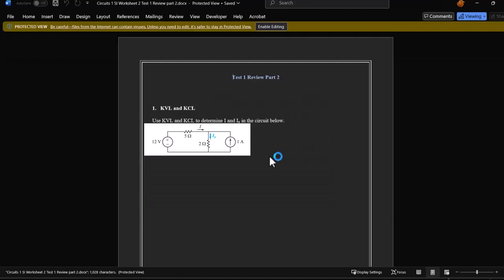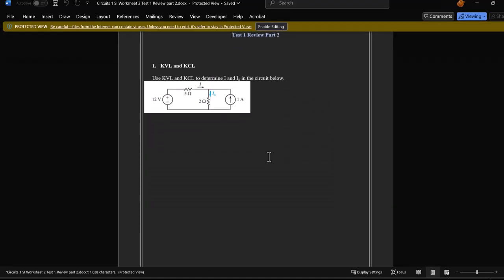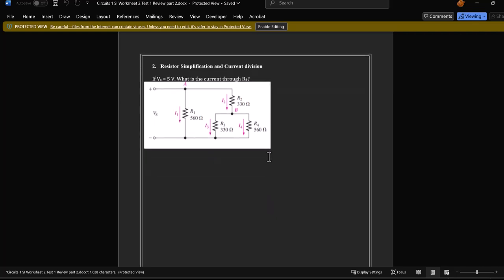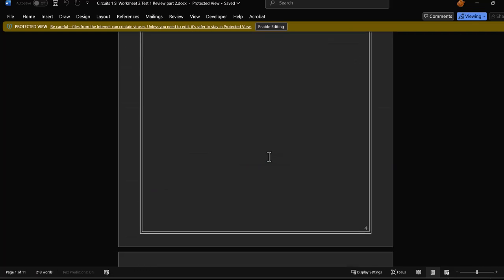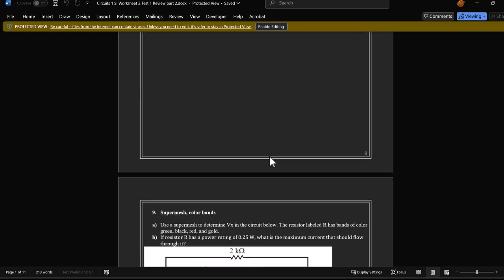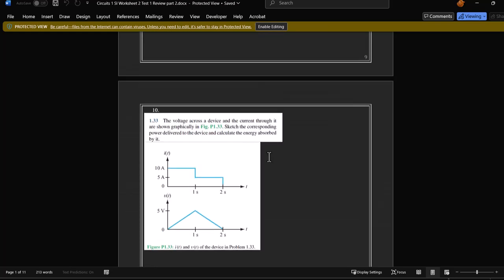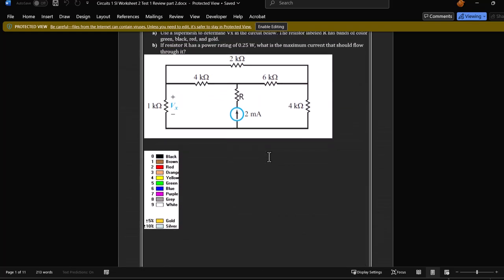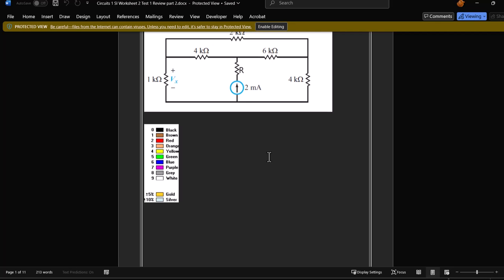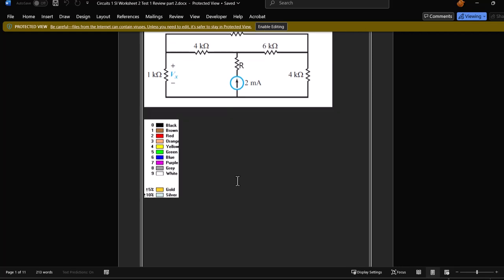And we did some of these yesterday, so you already have a solution to those. If I recall from previous years, y'all do not need to know how to read resistor color bands. You'll eventually need to know that if you're going to be an electrical engineer, but you don't have to know it for this test, so you can skip that one.